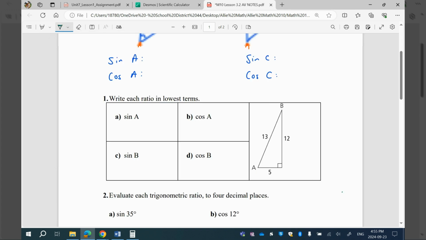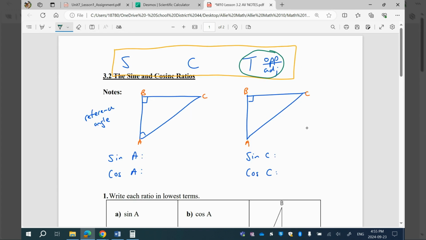Across from our right angle, it's always the longest side. It's always the hypotenuse, and that doesn't change from whatever angle we're looking from.